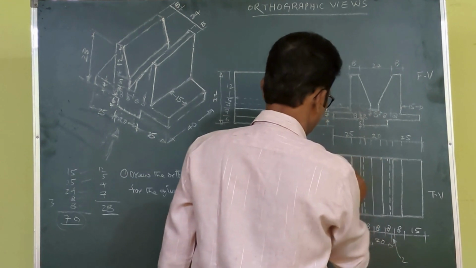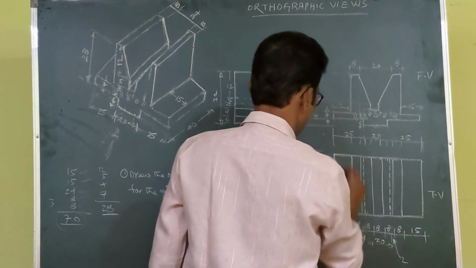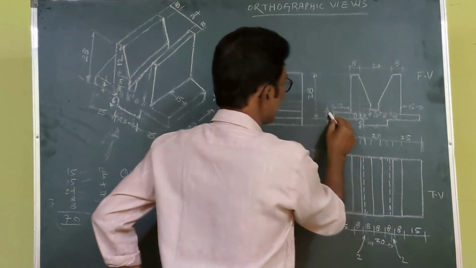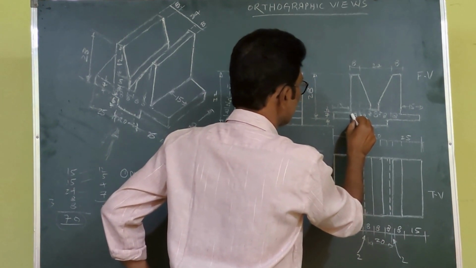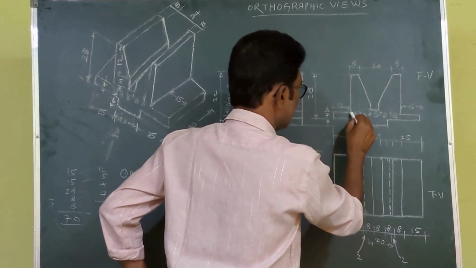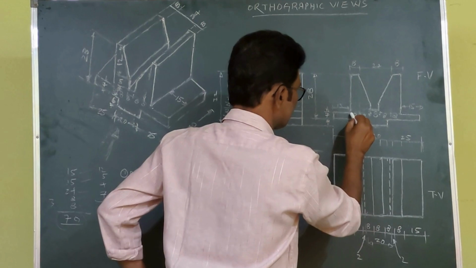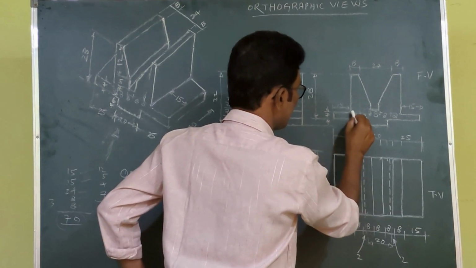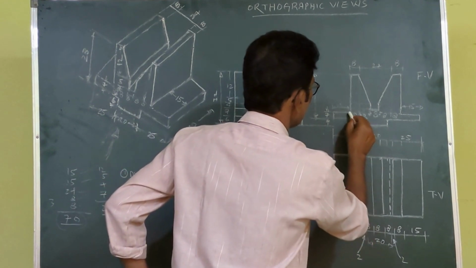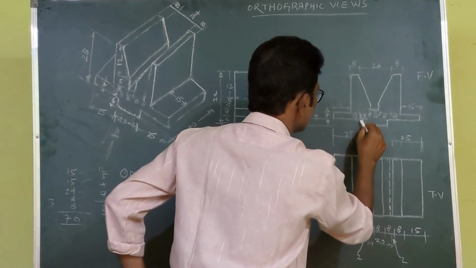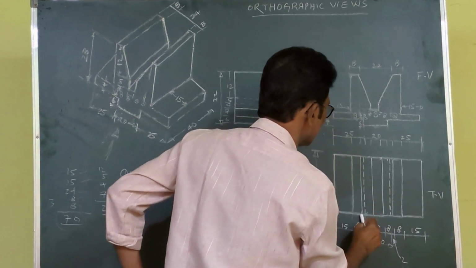Once I have developed this rectangle 70 by 40, you simply come over here. Whatever points are visible, you simply extend or draw the projectors. From here, this is the 15, I draw a line here simply. Here also 8, here also I draw a line, 8.